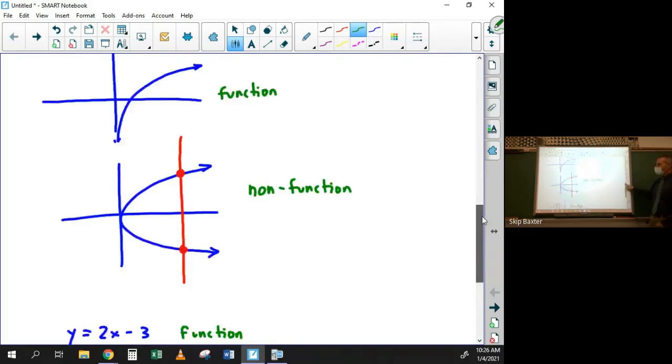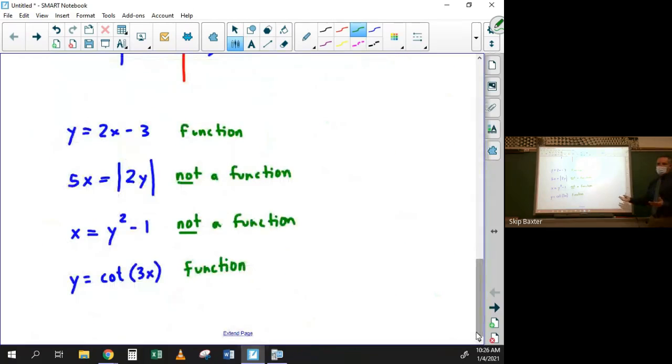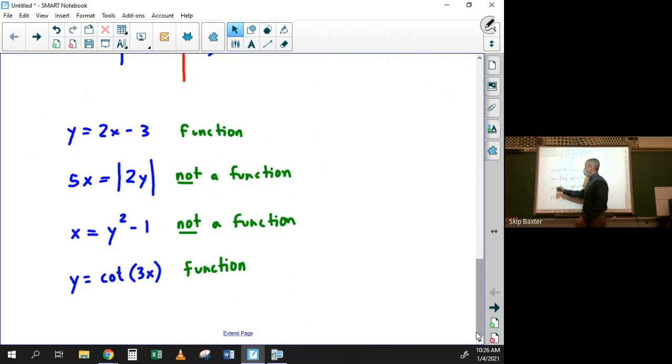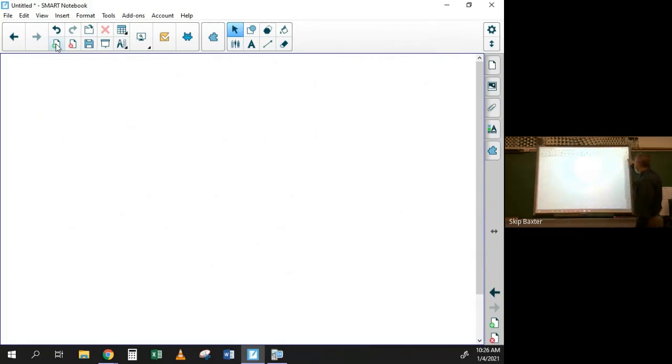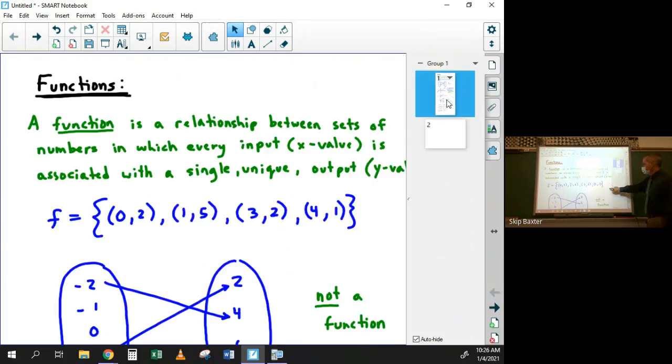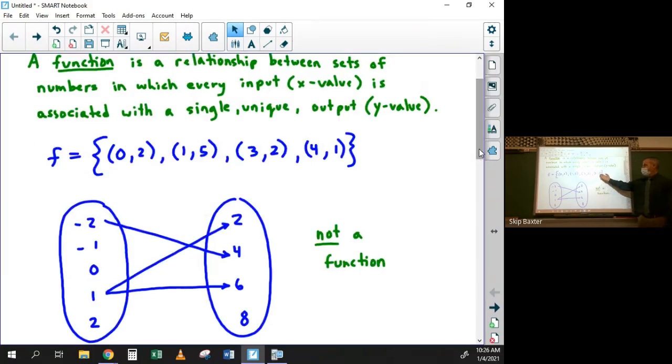If a function is represented any of these ways, you have to be able to tell if it's a function or not a function. That's the first thing. And the second thing you need to be able to do tonight for homework is just to evaluate a function at different points. If the function is represented in one of these first few ways, it's super easy. If I said, here's f, what is f of 1?